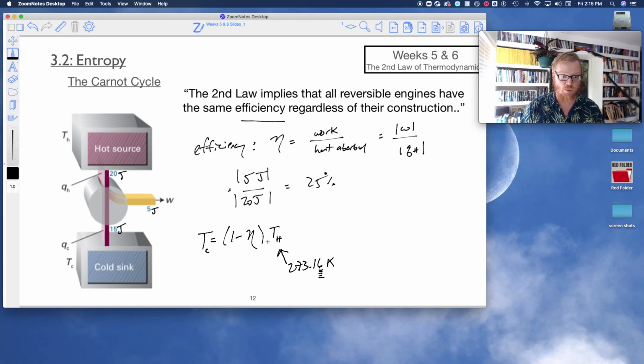So TC will end up equaling this situation. And it allowed them to put together a range of tests. They didn't know this number, 273.16, but he was eventually able to come up with that number as the absolute temperature scale.